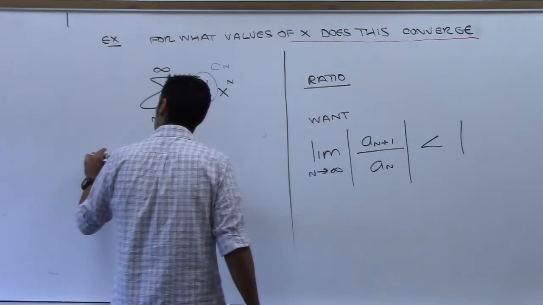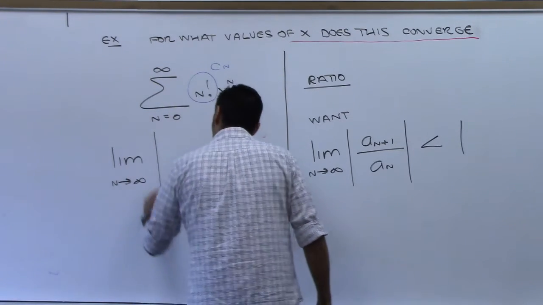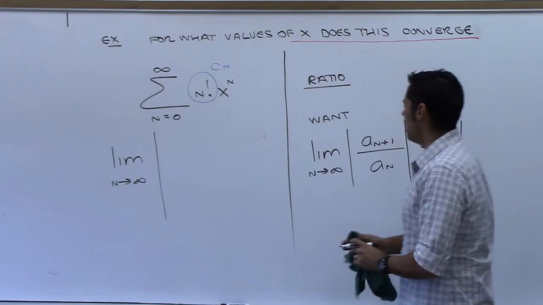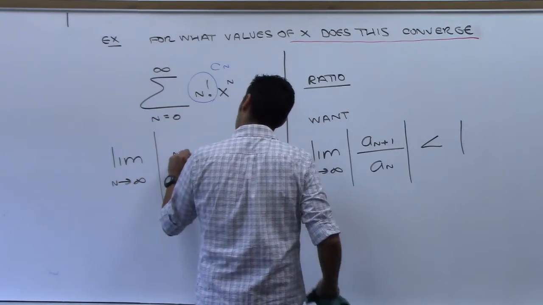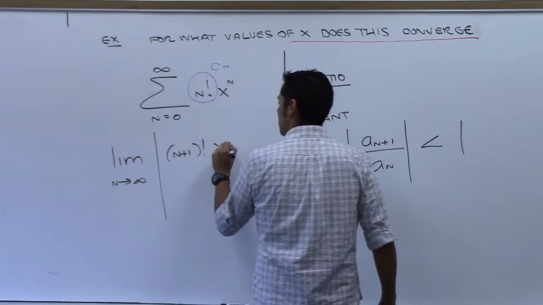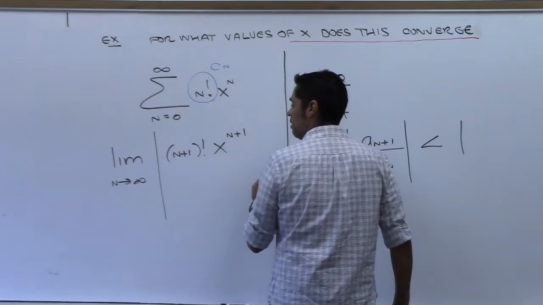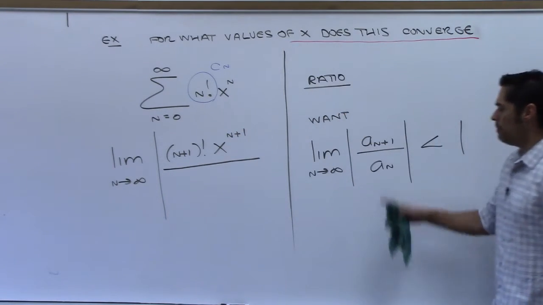That means I need the limit as n goes to infinity. Let's go absolute value. What do you get when you plug in n plus 1 into this? n plus 1 factorial, in parentheses, x to the n plus 1. I'll do that next step. That's a sub n plus 1, right?